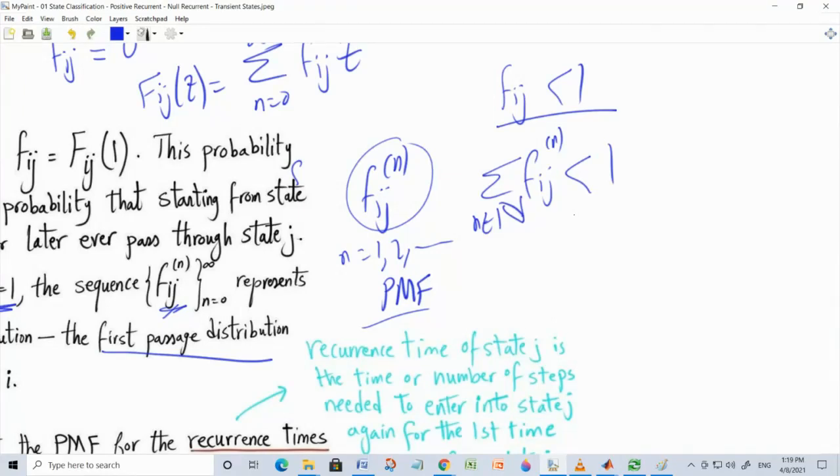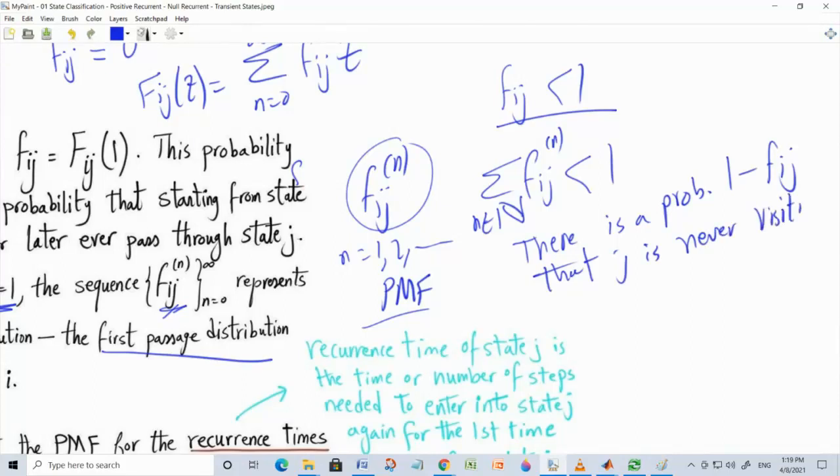It means that there is a probability, which is 1 minus Fij, that j is never visited given that we start in state i.